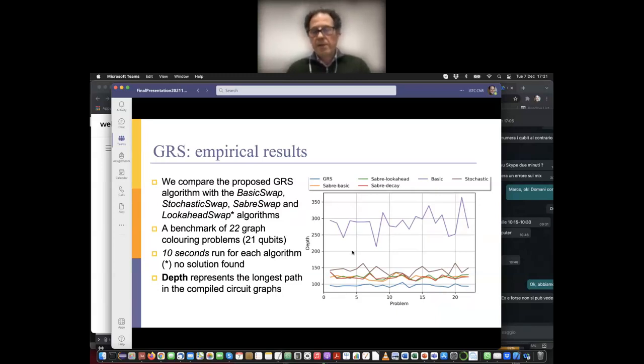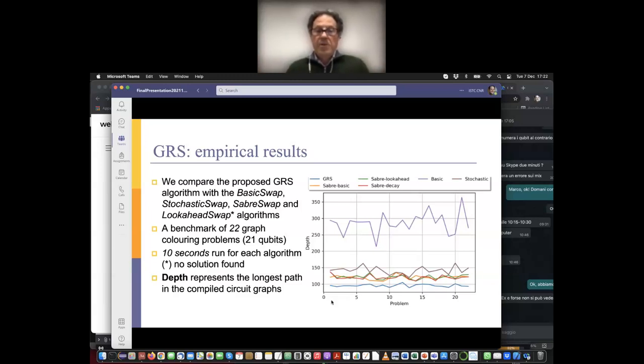And here you see on the right the performance of the algorithms on a benchmark we have proposed, with respect to a 10-second run for each algorithm, and we measure the performance with the depth. The depth is, in some sense, proportional to the overall duration of the circuit, the overall length of the circuit. This is a very important measure because it affects the coherence of the circuit.